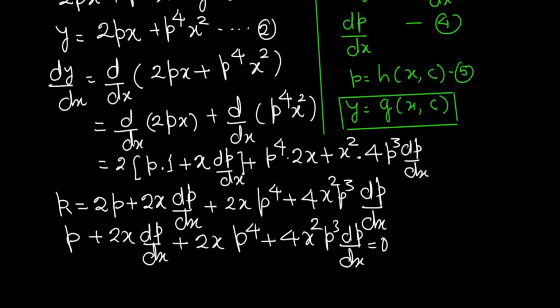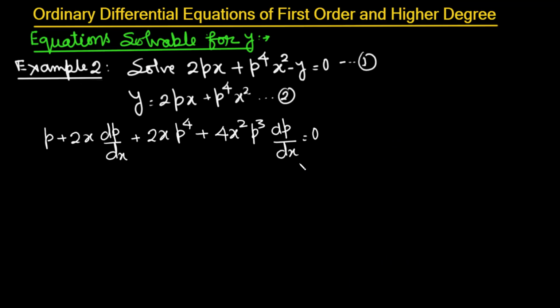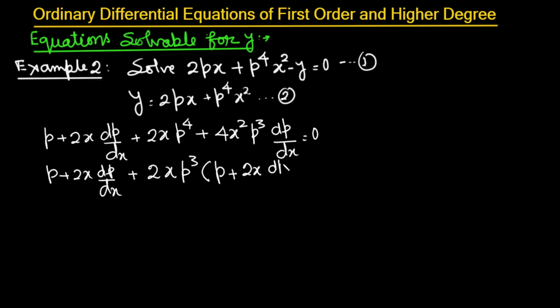So we have brought this p from the left hand side to the right hand side. Okay. So we have cleared the clutter, and we have p plus 2x dp over dx. From the last two terms, we can take out 2x and p cube common. So inside the bracket, we have p plus 2x dp over dx.